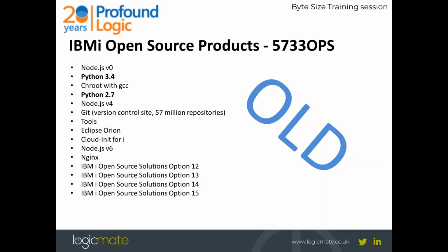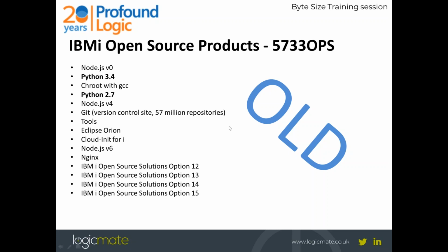So if you go to the menu, GO LICPGM, and take option 10, you'll see a list of all of the options within there. You'll see open source products, and it had various placeholder option numbers for each of the open source products, and they would be loaded through the PTF system into product 5733-OPS.